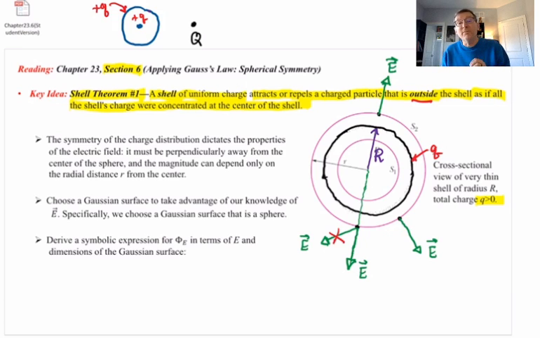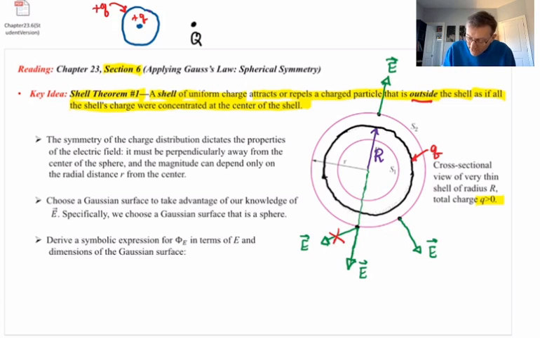Now, the magnitude of that field can depend on one variable only: the distance that you are from the center of the shell. So here we are at these points that I've marked with the black dots. They're on a surface S2 there.